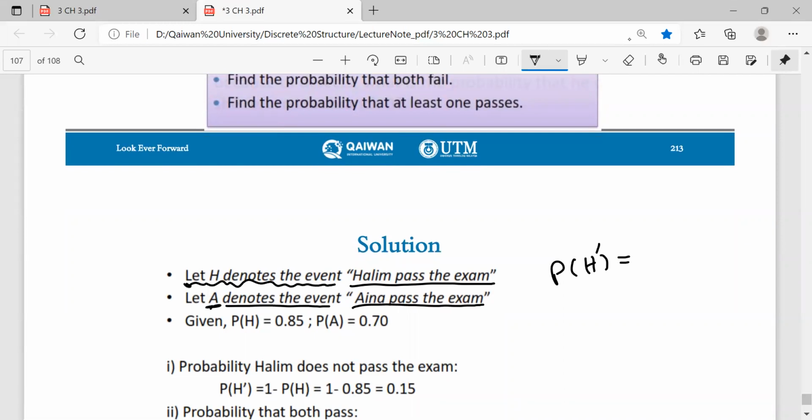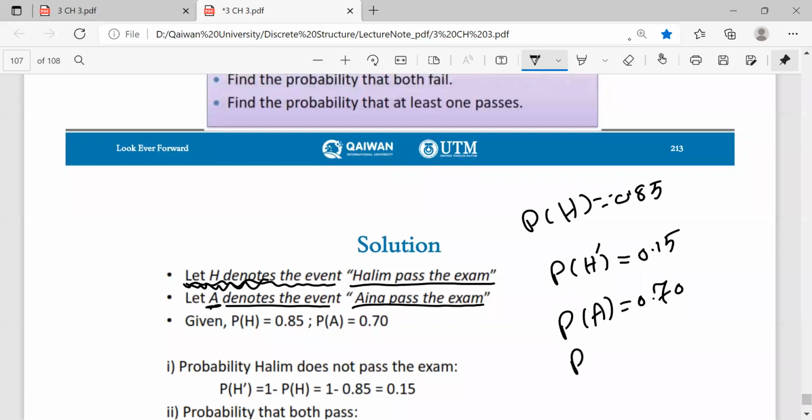We say probability of H is 0.85 because it's the percentage of passing for Halim. How about probability of H complement? It's 0.15. Probability of A is the percentage of passing Aina, it's 0.70. That's given. So probability of A complement is 0.30. A complement means fail. If A is pass, its complement is fail.